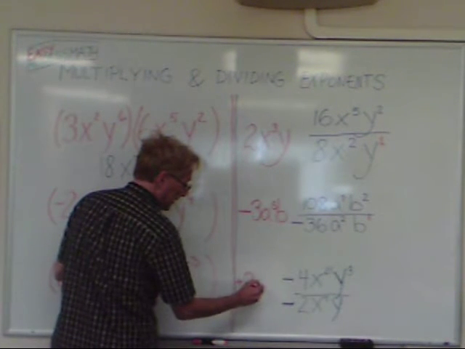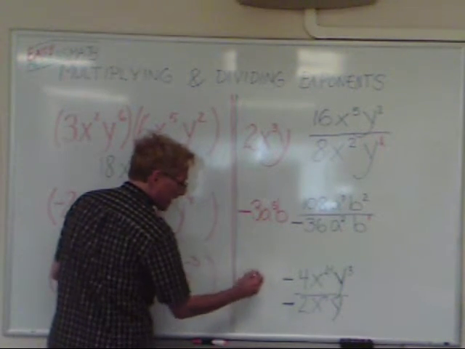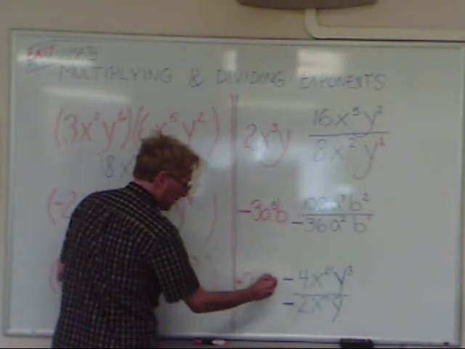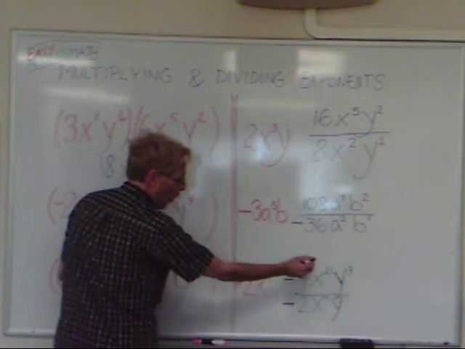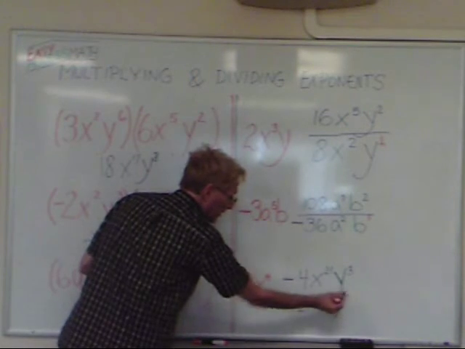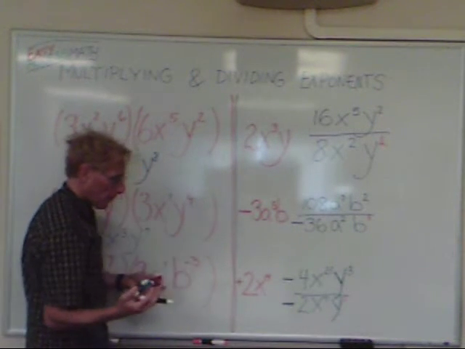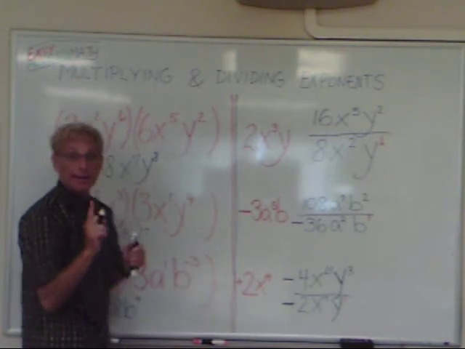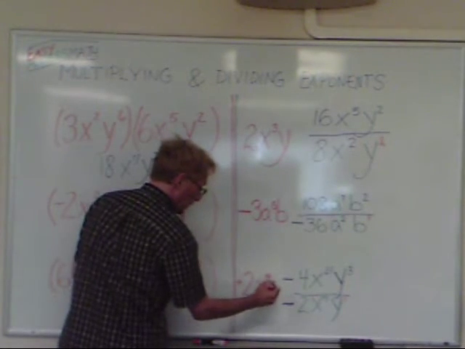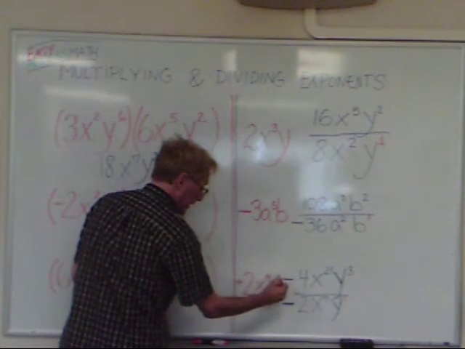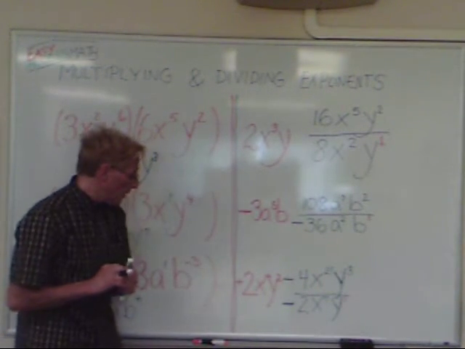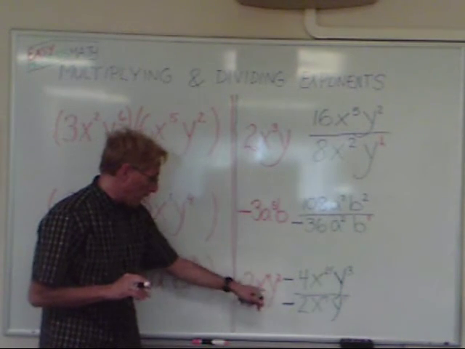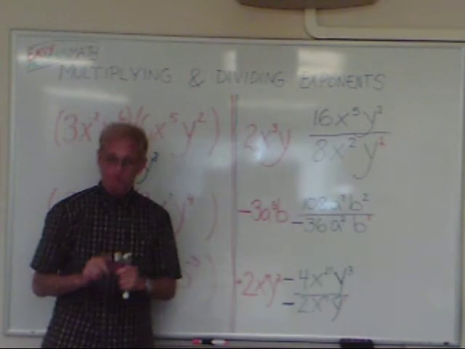X to the 21st and x to the 7th, we subtract the exponent, gives me x to the 14th. Y to the 3rd and y to the first. When there's no exponent, you put that 1 in, gives me y to the second. So my answer there, 2x to the 14th, y to the second.